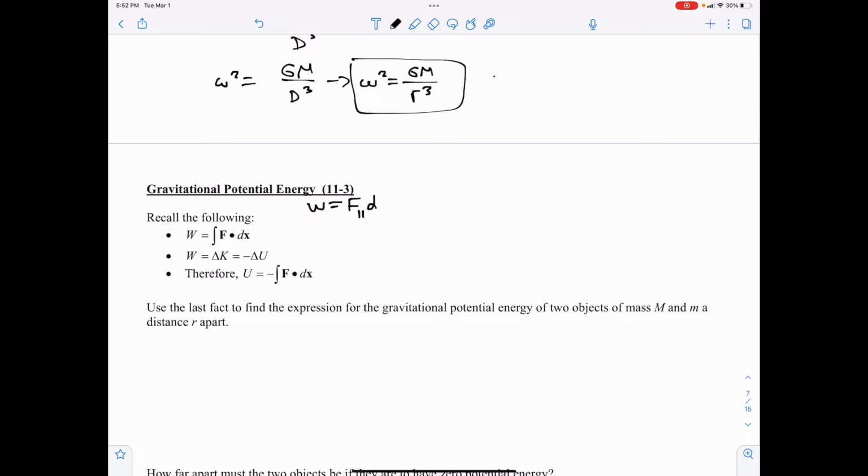Also recall that work is equal to a change in kinetic energy. Therefore, changing kinetic energy is the same as a negative change in potential energy. Therefore, we get a negative work or a negative force dx.